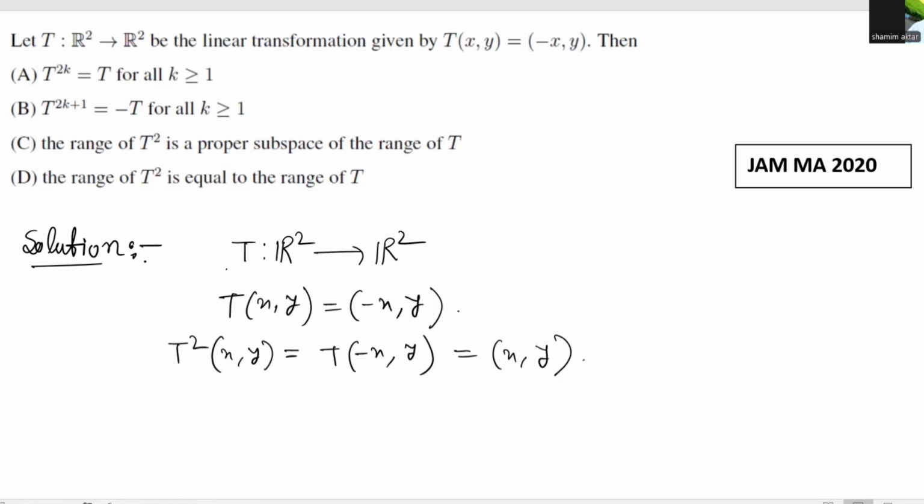Now again operate T on both sides. So T cubed (x, y) equals T of (x, y), which equals (-x, y), that is equal to T.